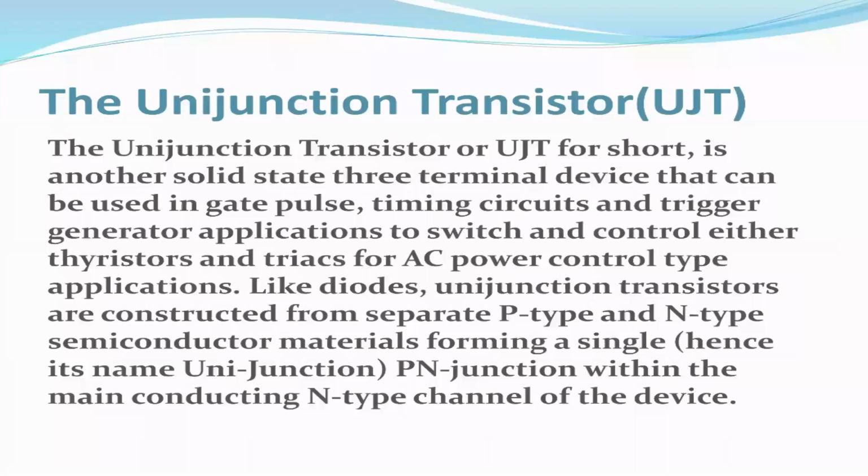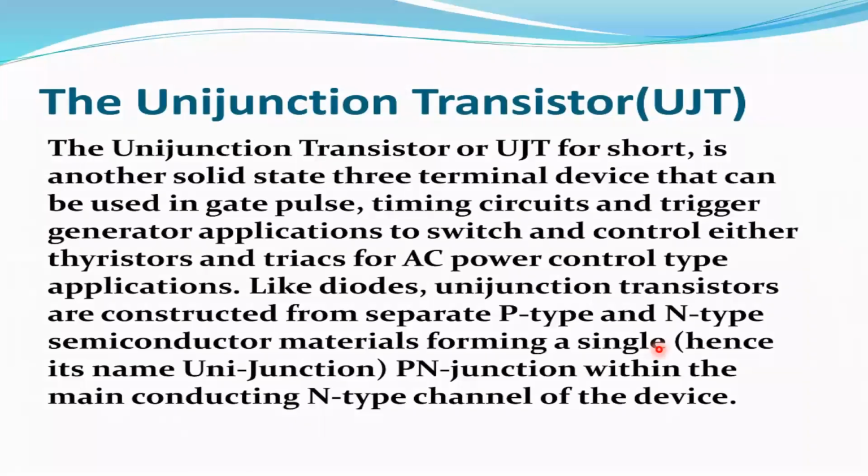So let us now know about the unijunction transistor, that is UJT. The unijunction transistor, or UJT for short, is another solid-state three-terminal device that can be used in gate pulse, timing circuits, and trigger generator applications to switch and control either thyristors and triacs for AC power control type applications.